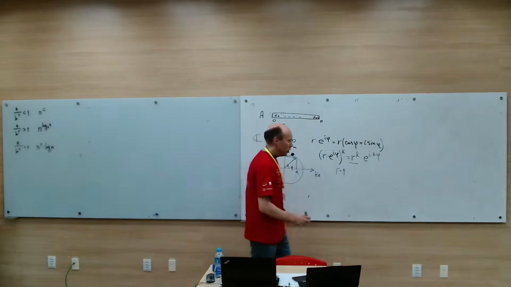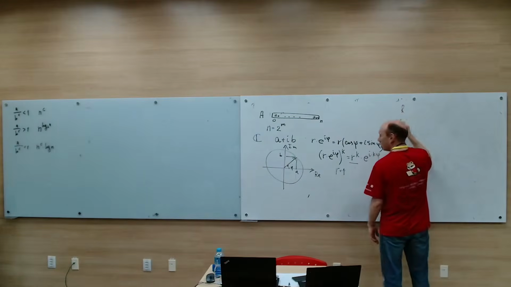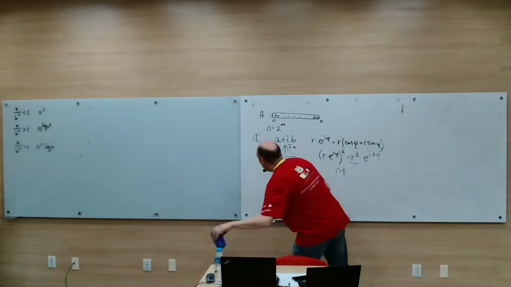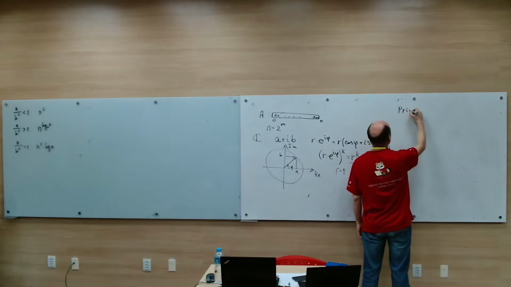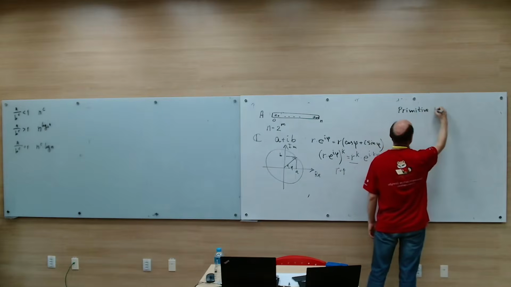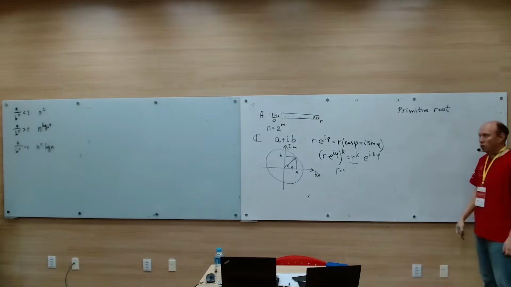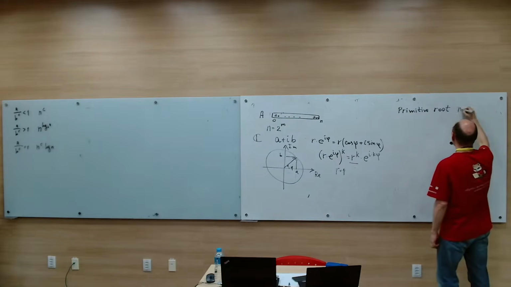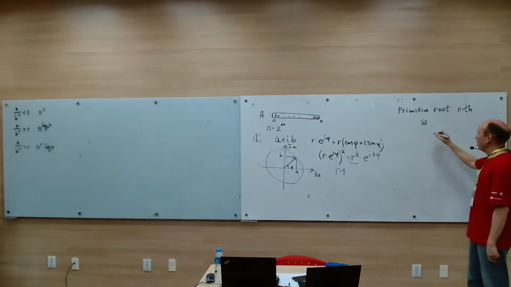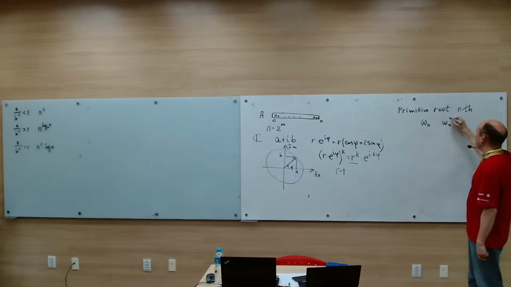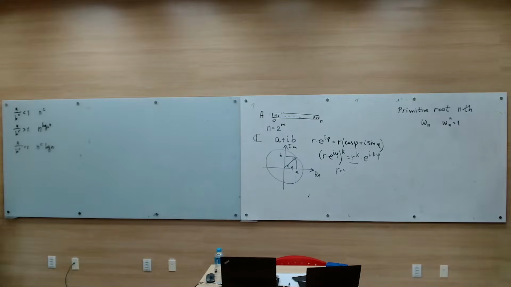We will be interested in so-called primitive roots of unity. The primitive root of unity of the nth power is such a value omega_n that omega_n to the power of n is 1, and it's not 1 for any smaller integer power.